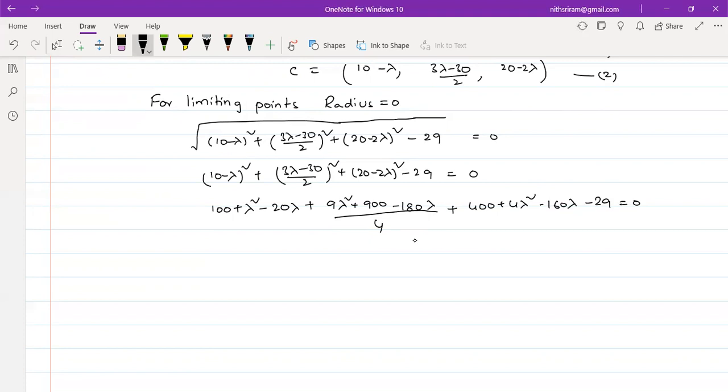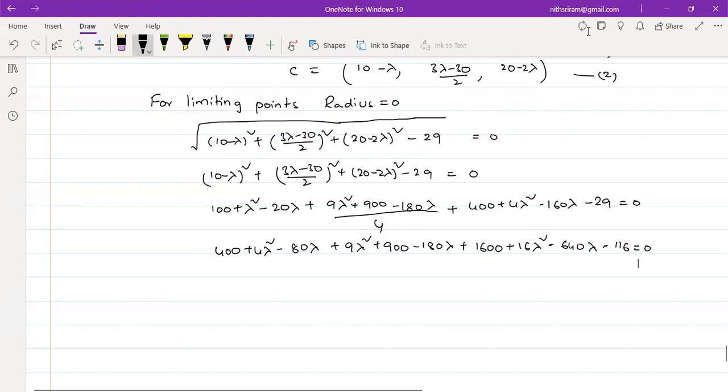Since we have the LCM 4, by taking the LCM 4, we get 400 plus 4 lambda square minus 80 lambda plus 9 lambda square plus 900 minus 180 lambda plus 1600 plus 16 lambda square minus 640 lambda minus 116 is equal to 0.